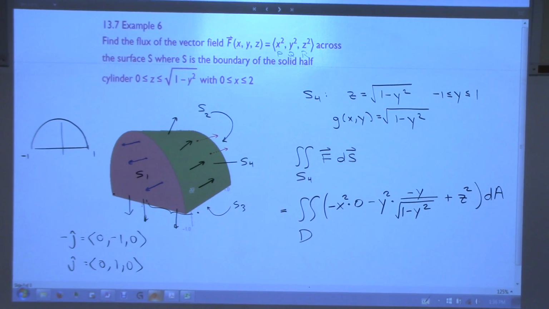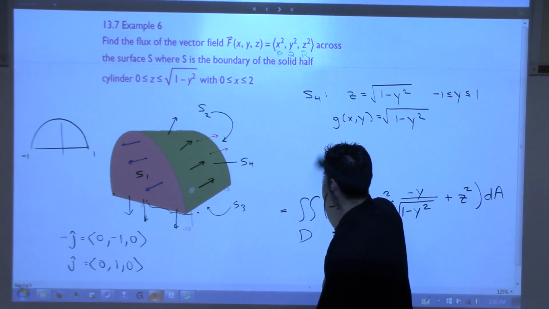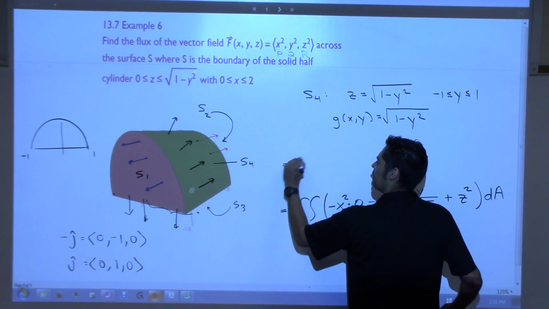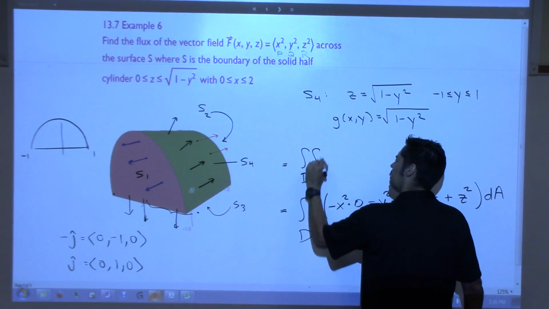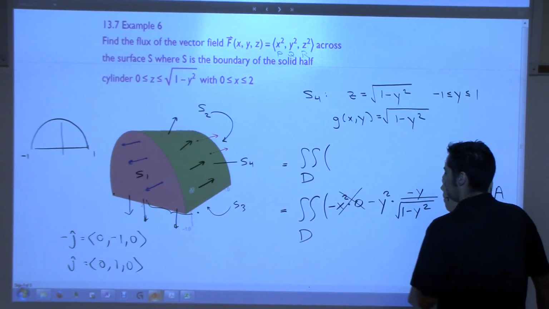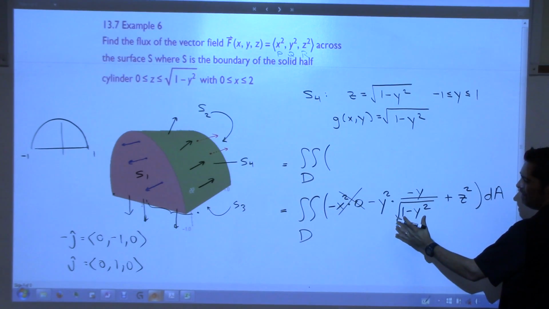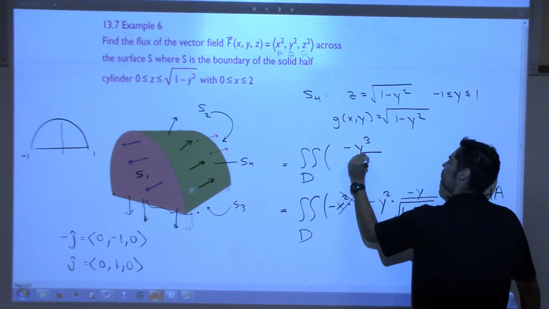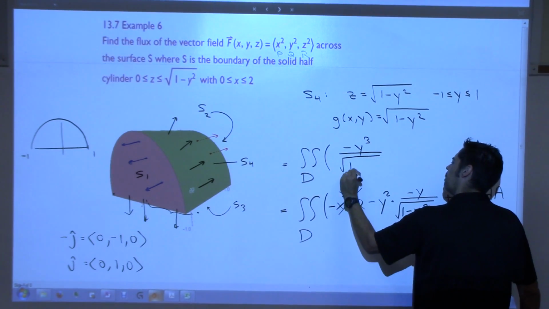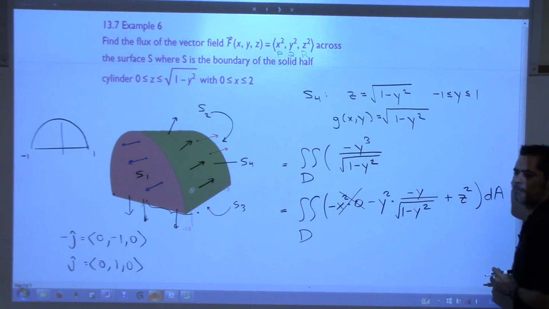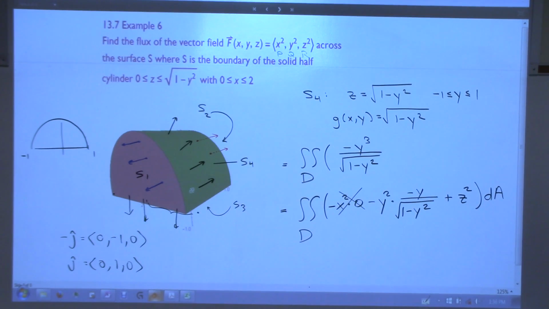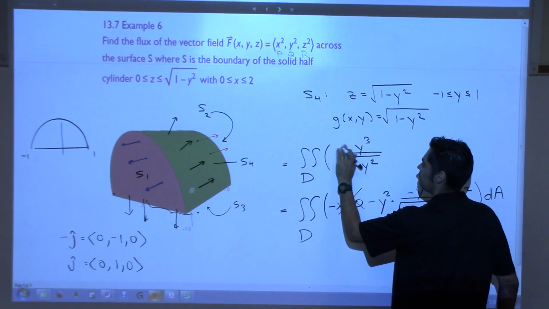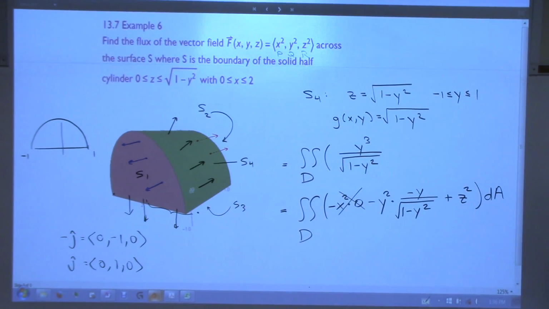Okay, I'm going to just write this down again. This is going to be the double integral over D. This is gone. This becomes what, like negative y cubed over square root of 1 minus y squared? Negative times negative is plus.